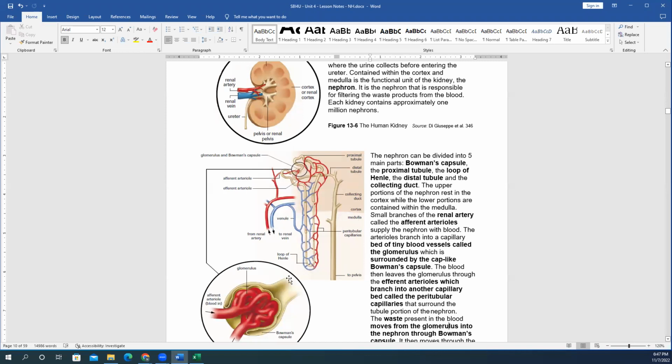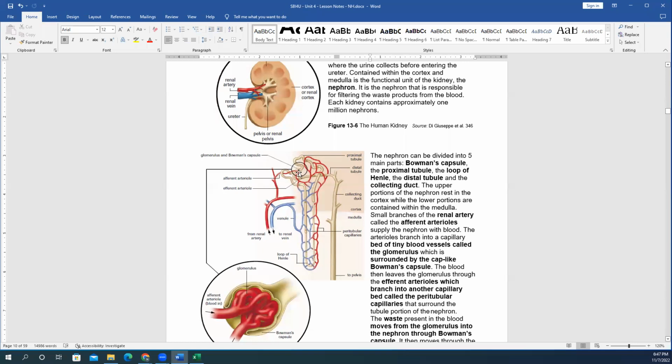If we look closely at the structure of the nephron, the unit that takes care of the filtration, we can see that there are five main parts. The first important part is called the glomerulus and the Bowman's capsule. Here it is zoomed in.